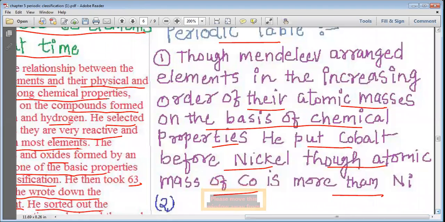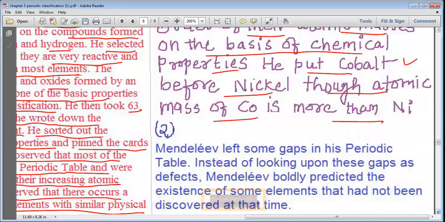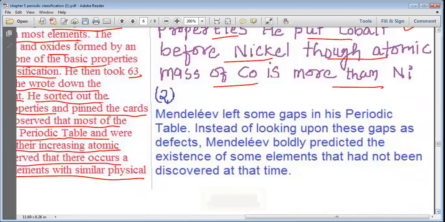He was not so rigid about arranging the elements in the increasing order of their atomic mass. Cobalt has higher atomic mass than nickel, but still cobalt was not fitting into the group of similar elements, and that is why Mendeleev put cobalt before nickel, though it has the higher atomic mass. This was the wonderful thing he did while arranging the elements into his periodic table.